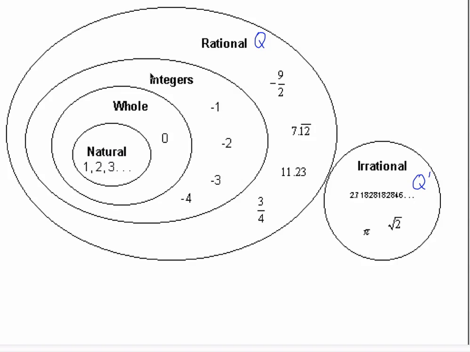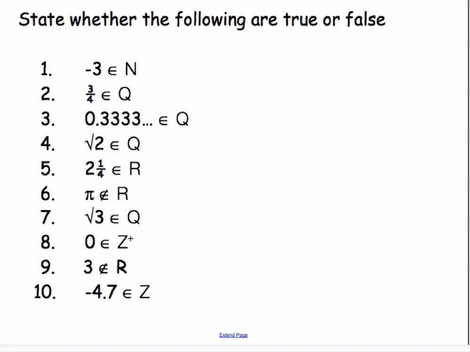So integers include numbers like this, the negative numbers as well, and whole numbers include 0, 1, 2, 3, 4, 5, 6. So those are called whole numbers. And natural numbers are sometimes called the numbers 1, 2, 3, 4, 5, so not including 0. So a natural number here, we could call this Z plus. So that's the positive integers. And integers are represented with Z.